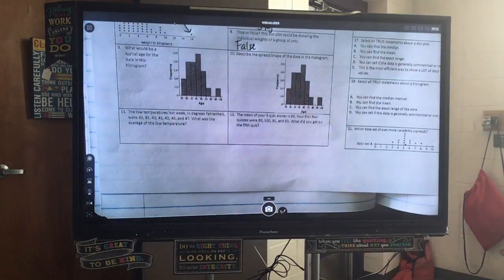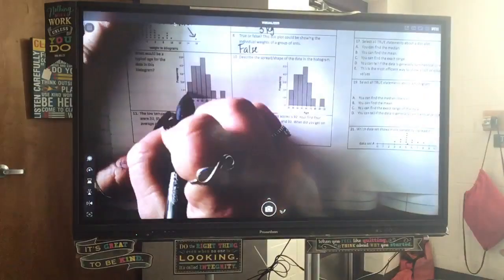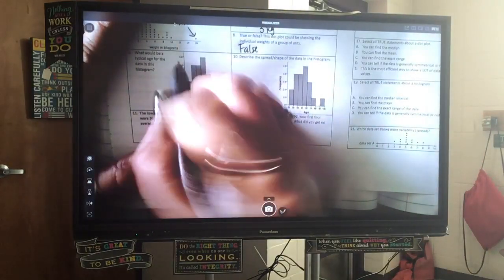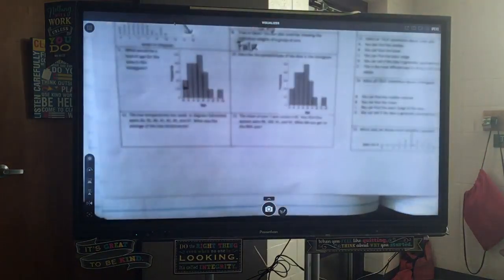Alright, Charles, what'd you do? So, I just looked at the bar that was the highest. You can't do that. Looking at the side over here, we have a number of frequencies, right?